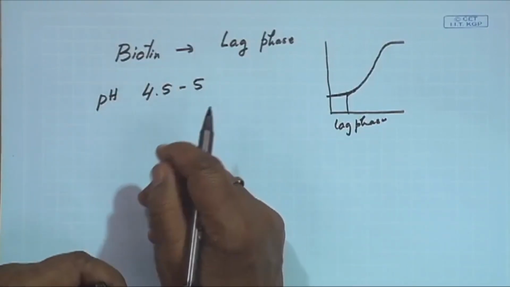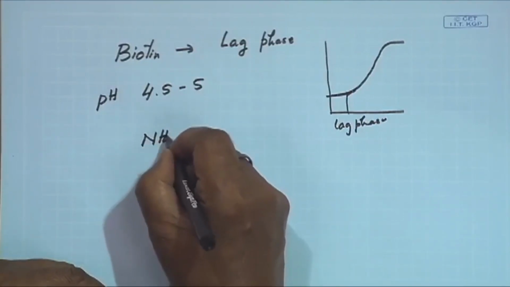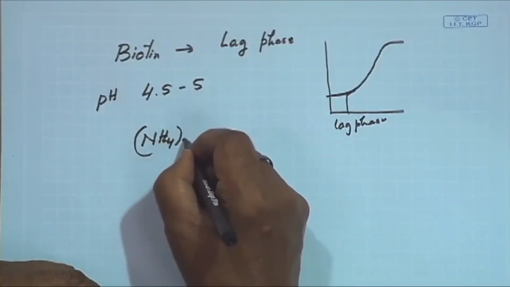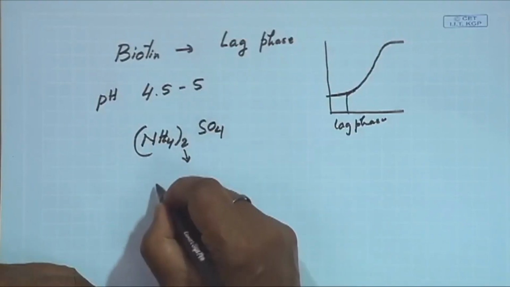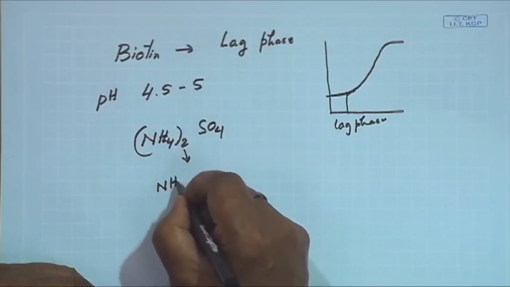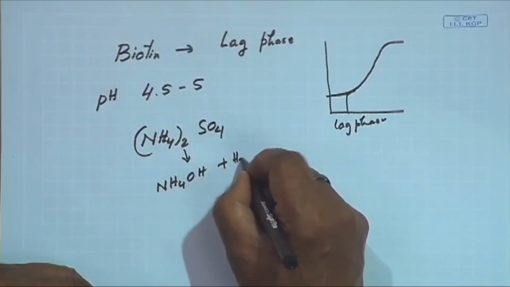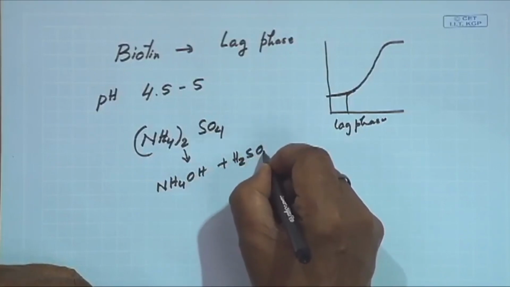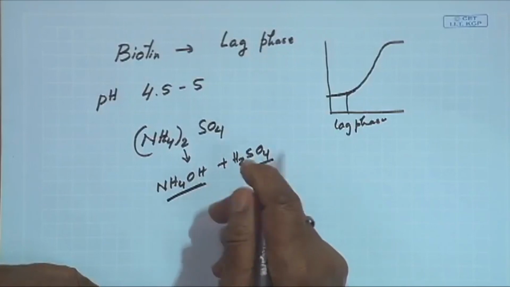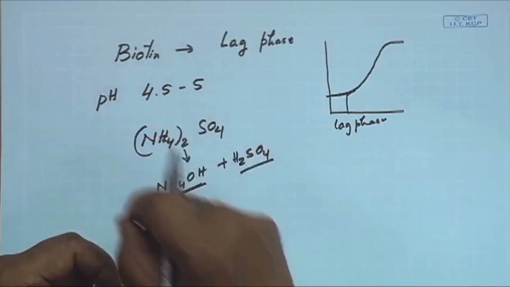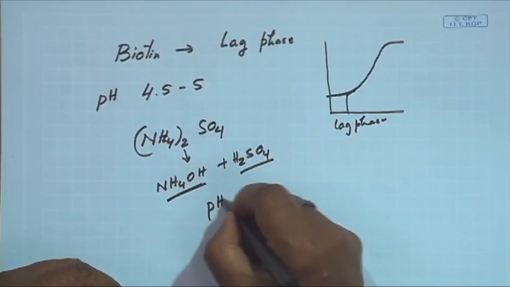Now diammonium sulfate is used. When you make a solution of diammonium sulfate, we get ammonium hydroxide and H2SO4. Since H2SO4 is highly acidic, and this is a weak base, when you make a solution of ammonium sulfate, the pH will be acidic.